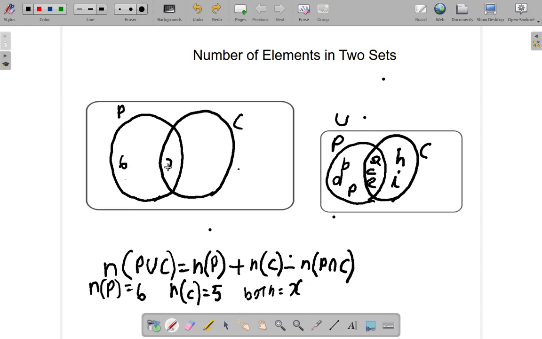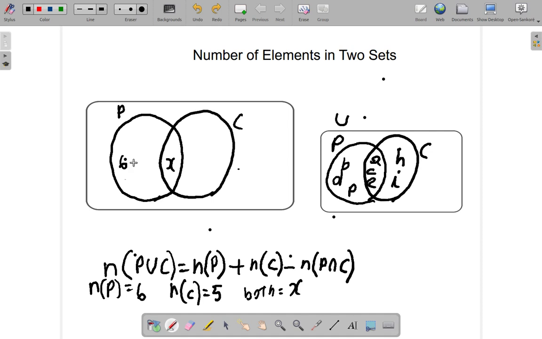In both is X, and this is saying there are 6 plus X in P. Yet the statement says there are 6 in P. Suppose X is 1. Then you would be saying there is 6 plus 1, which is 7 elements in P. Suppose X was 2. You would be saying there are 8 elements in P. But the fact is, the statement says there are 6.